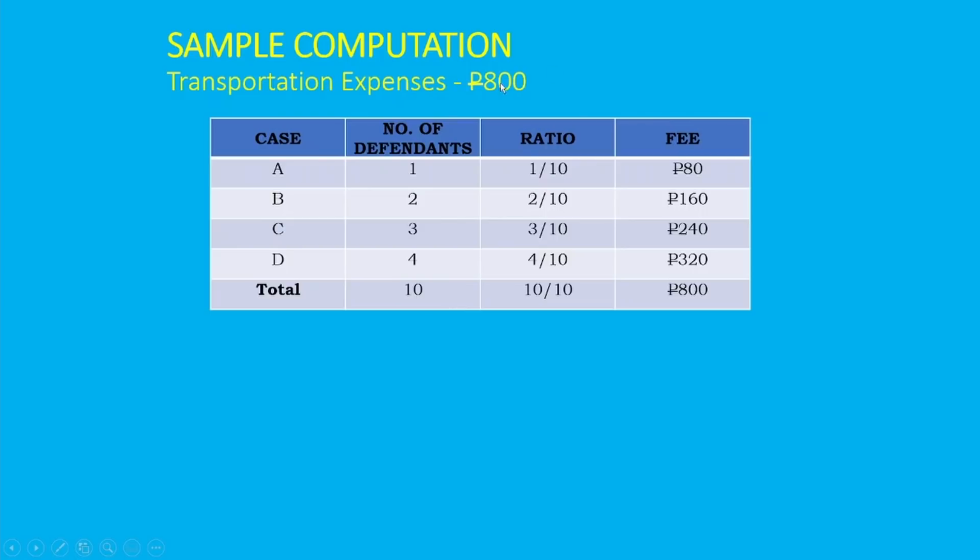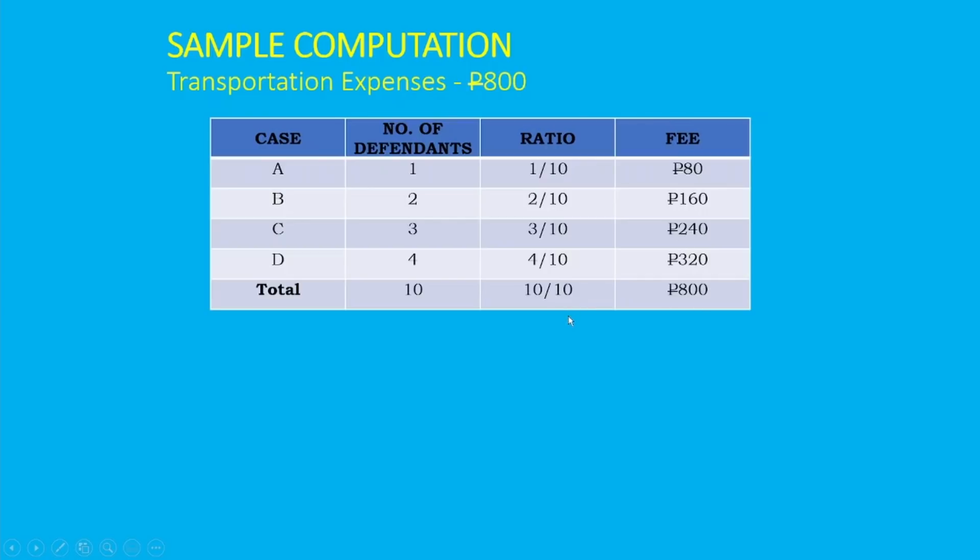The 800 pesos shall be apportioned among the 4 cases depending on the number of defendants. For A, 1 over 10 times 800 is 80. For case B, 2 defendants, 2 over 10, 160. For C, 240. For D, 320. Then the total is 800 pesos.